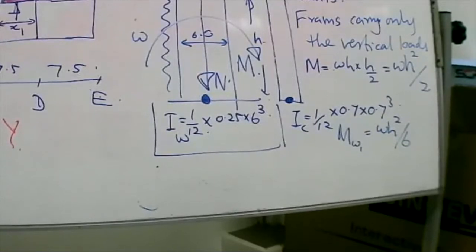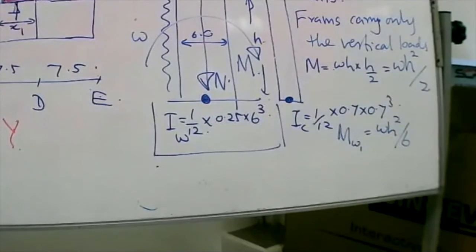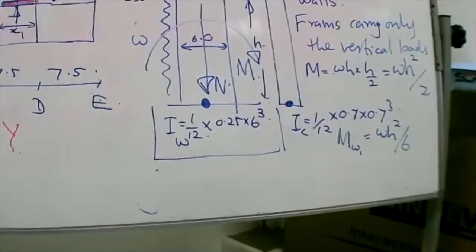So when you are using Eurocodes, W is multiplied by 1.5, considering it's a variable action. In another lecture, I'll show you how to get all these different combinations.